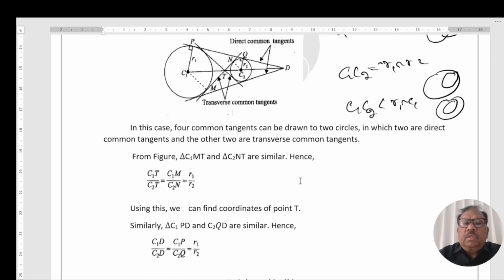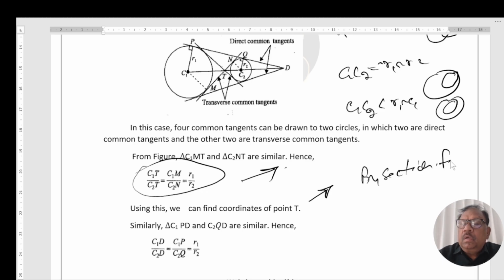So in this case, 4 common tangents can be drawn to 2 circles, in which 2 are direct common tangents and the other 2 are transverse common tangents. From the figure, triangles C1 MT and C2 NT are similar, so corresponding sides will be proportional. So this is the ratio. Using this criteria, we can find the coordinates of point T by section formula.